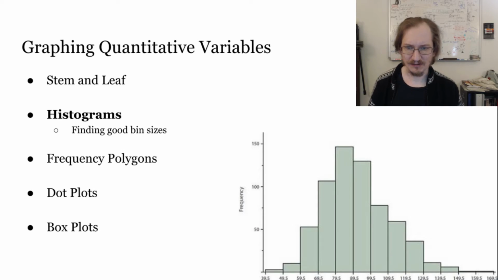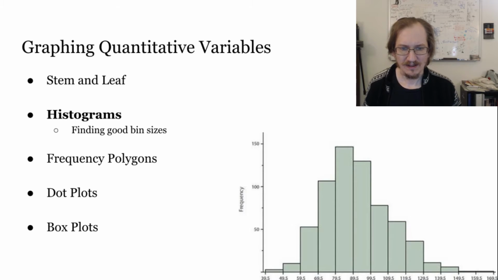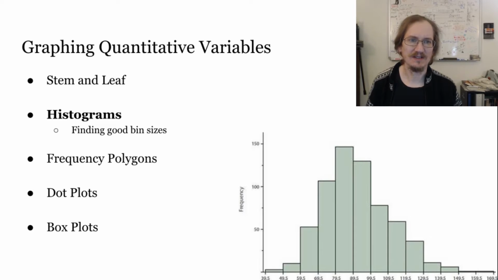So a histogram, once again, is this situation where you have even ranges, and you're going to divide up your quantitative variable into a number of groups of ranges, and you're going to put all the data items in that range. And then you're going to see how many data items are in that range, and you're going to graph the bar for that element as high as the number of data items that are in it.